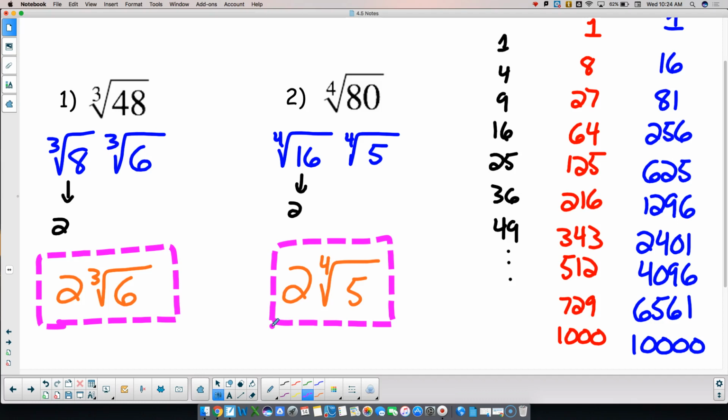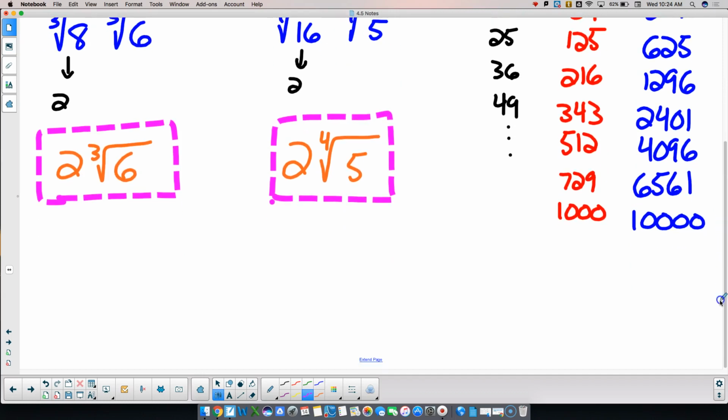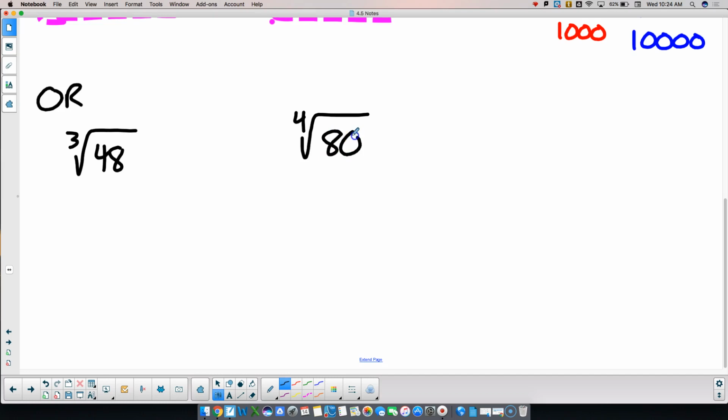How could you go about finding the cube root of 48 and the fourth root of 80? How can I do those exact same 2 problems without a list to go off of?